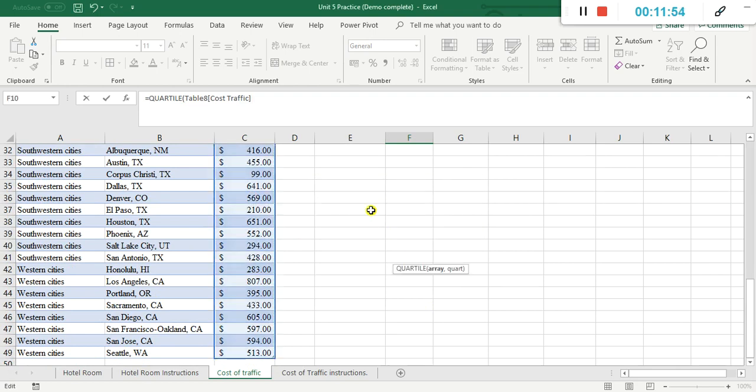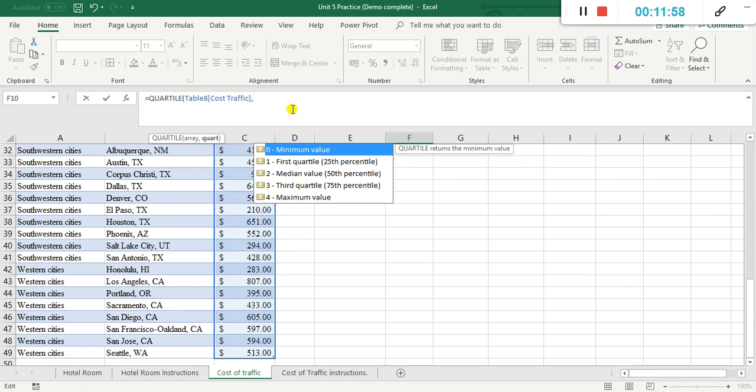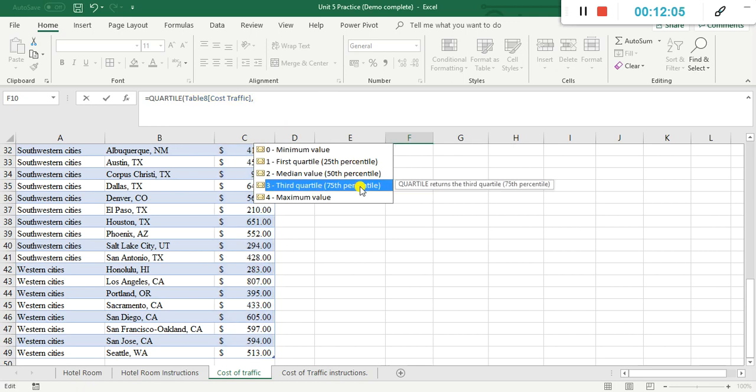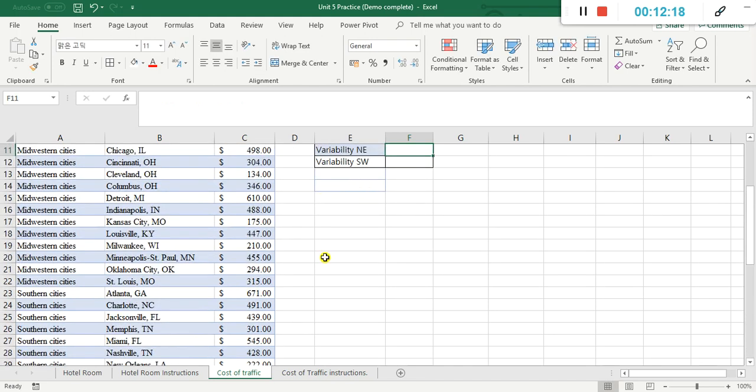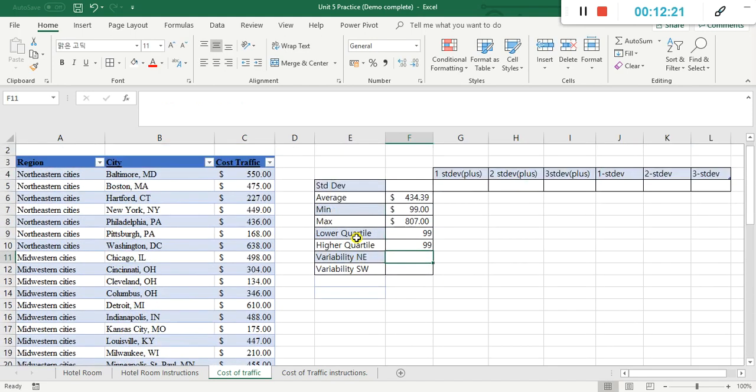So before you do that, you put a comma, and then you choose which quartile you want. In this case, I'm gonna go for the third quartile. Be careful, here it is mentioned as first quartile and third quartile. We usually know it as lower and upper, but Excel knows it as first and third. That's slightly different from what we have learned in class, but pretty much the same.